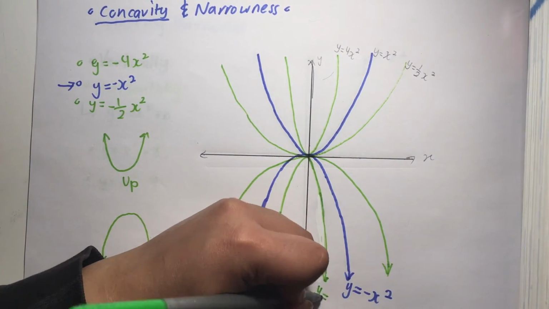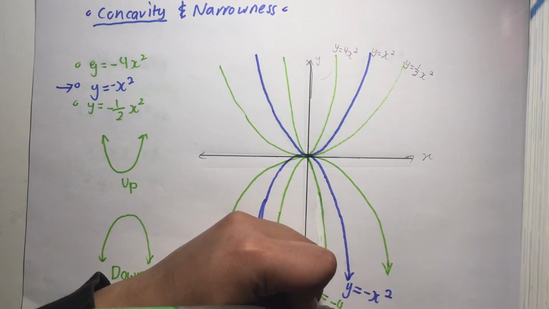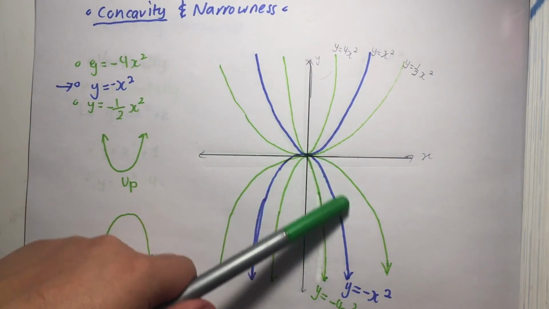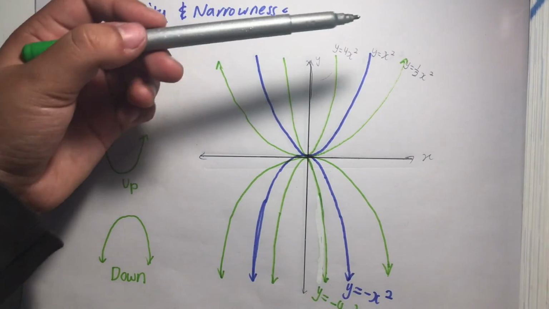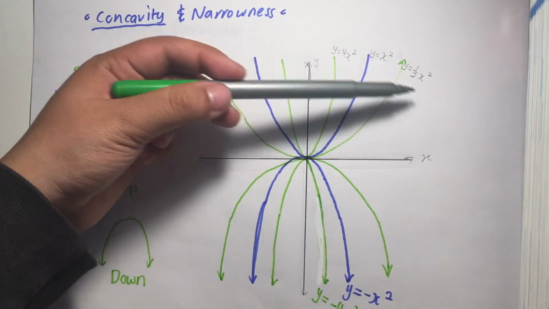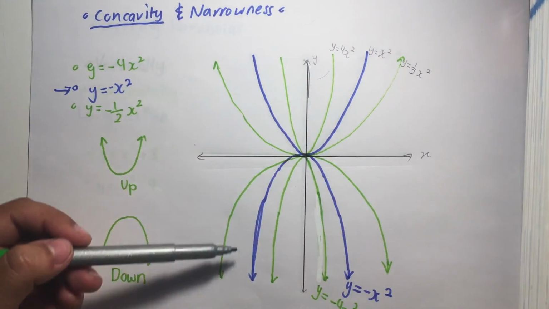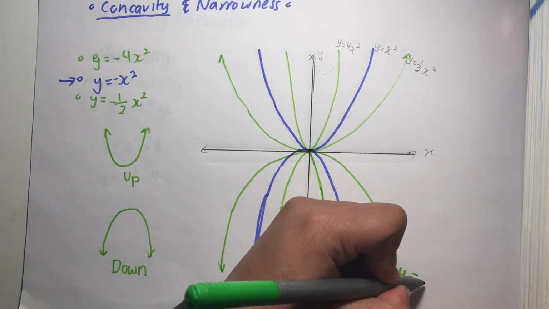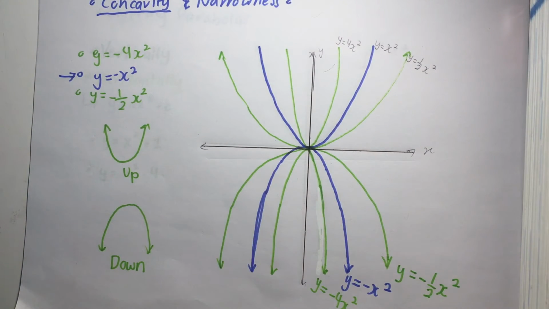And our equation is now y is equal to negative 4x squared. And if we look at the third parabola, as you can see, the concavity has changed, but the steepness is still the same as y is equal to half x squared. So this parabola will have the equation of y is equal to negative half x squared.